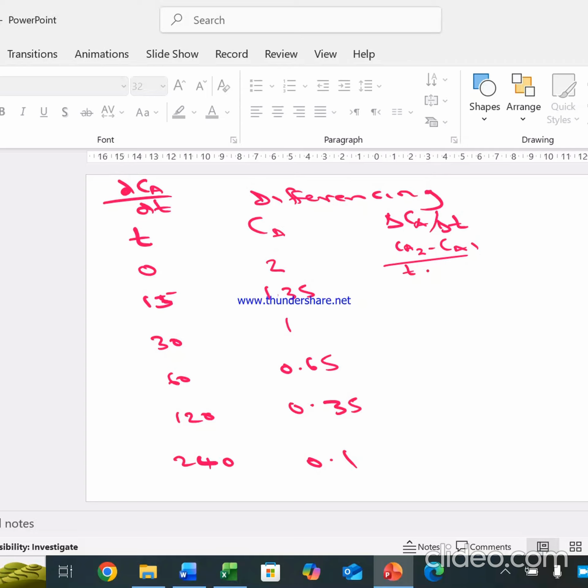In this case, we have Ca2 and Ca1 for these two. That will be 1.35 minus 2 all over 15 minus 0. So that's going to give us negative 0.0433.